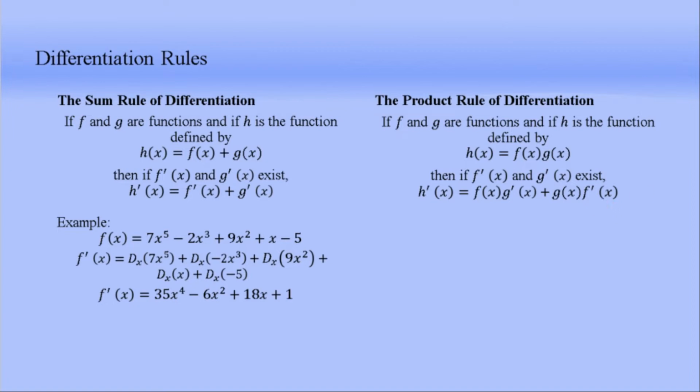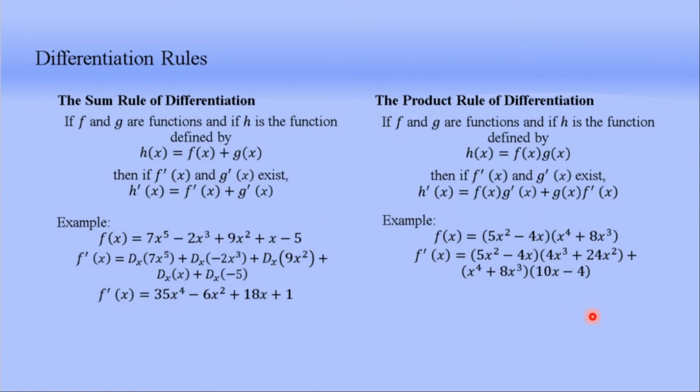In an example, we have f of x equals 5x squared minus 4x times x raised to the 4th power plus 8x cubed. Now what we're going to do is write f of x, which is 5x squared minus 4x, times the derivative of the second function, or the second term.